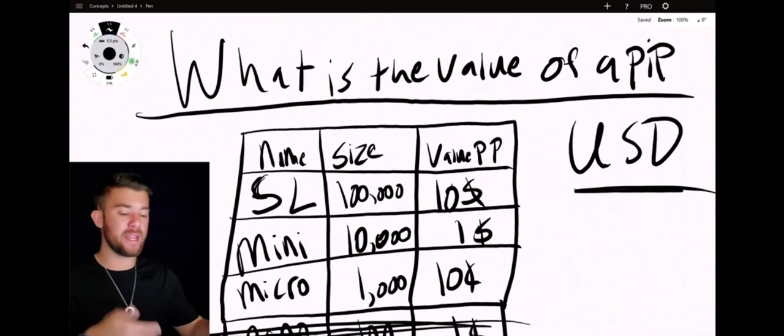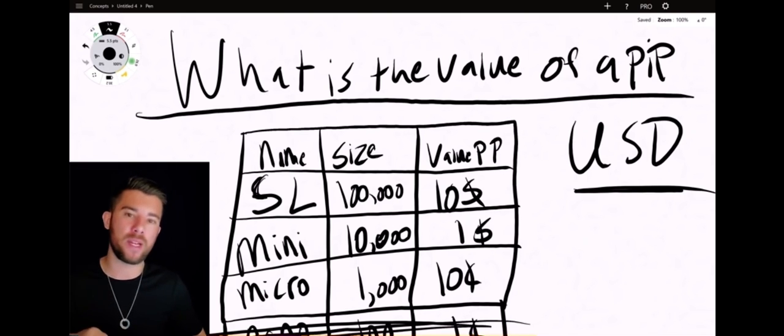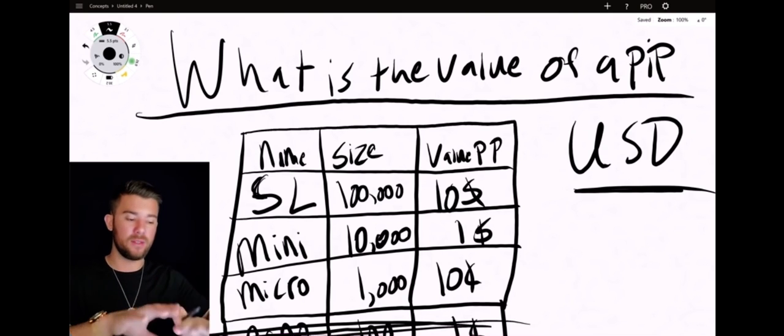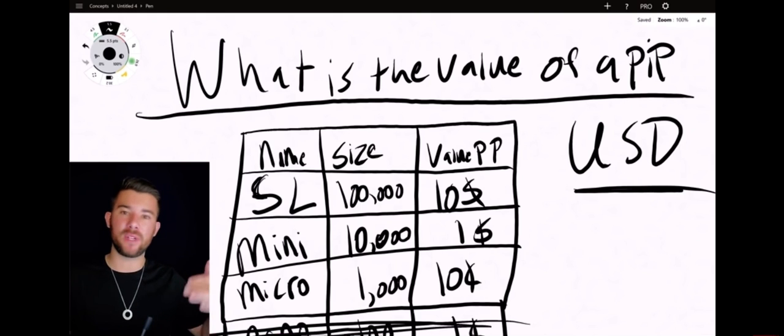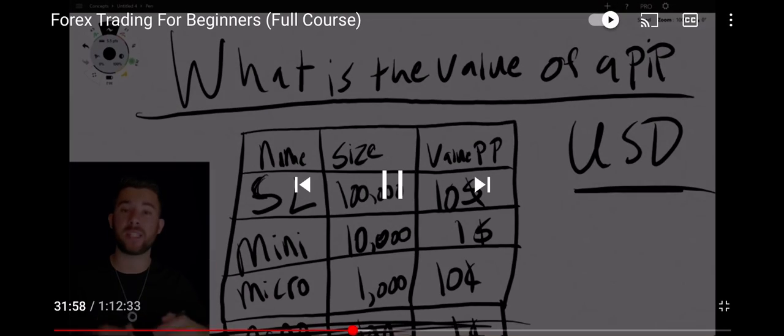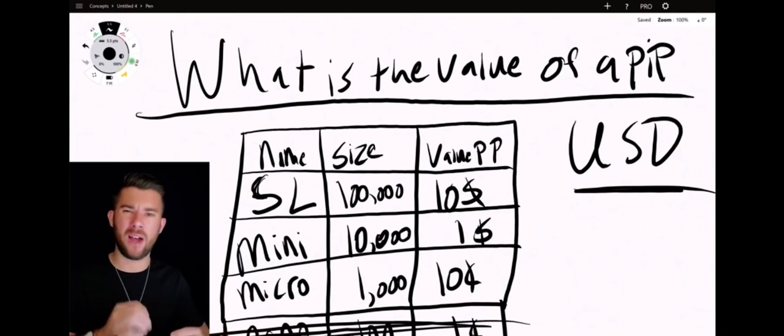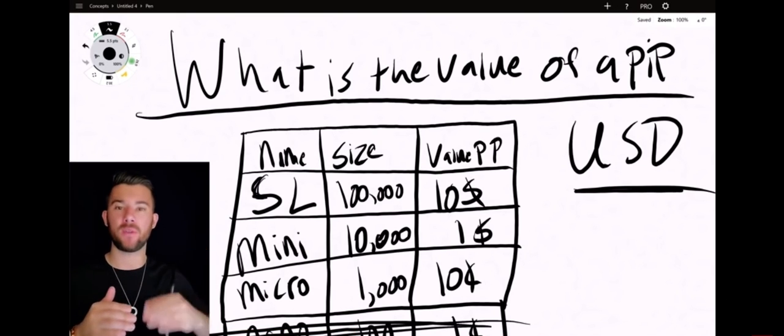So in the case of the other lots, let's get away from this little section here. What we're going to do is break into looking at the differences in prices between currency pairs and figuring out how much we gained or lost based on that difference in price.